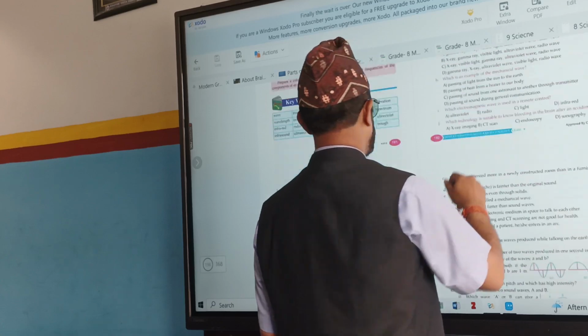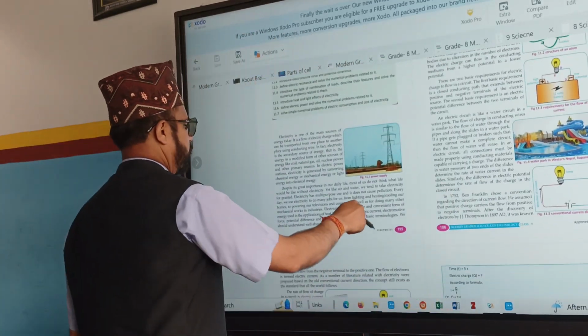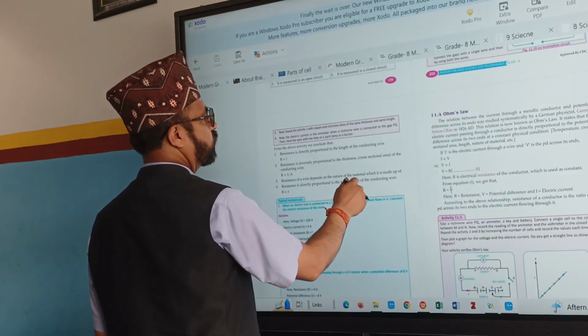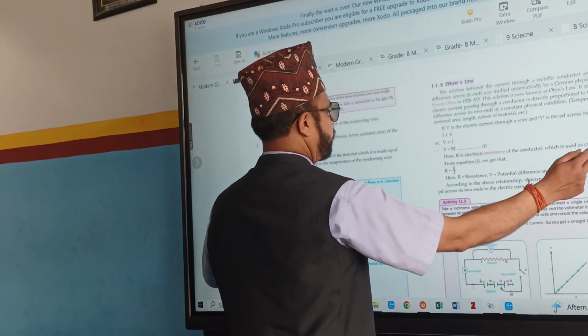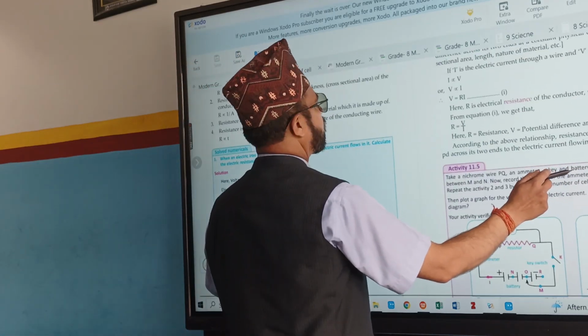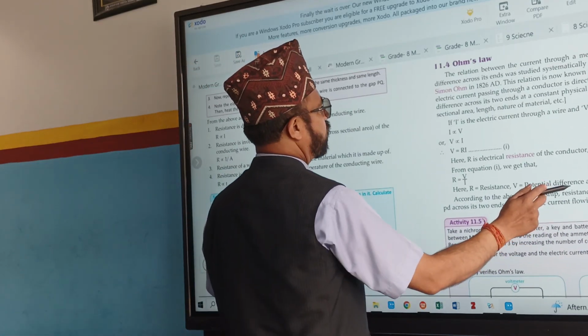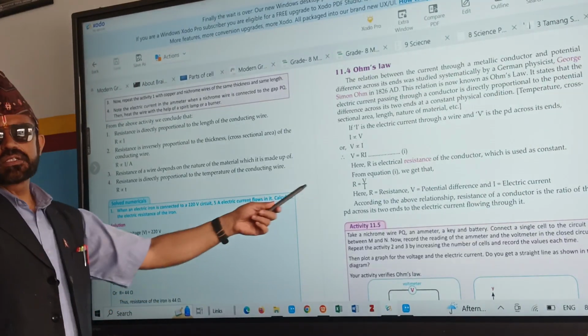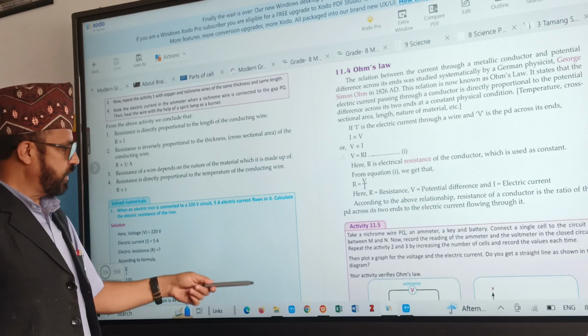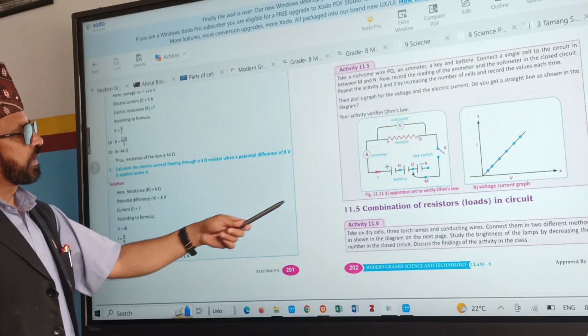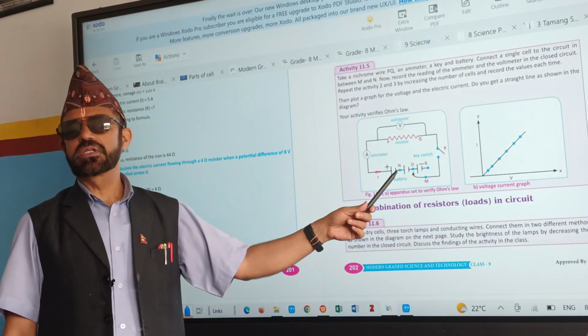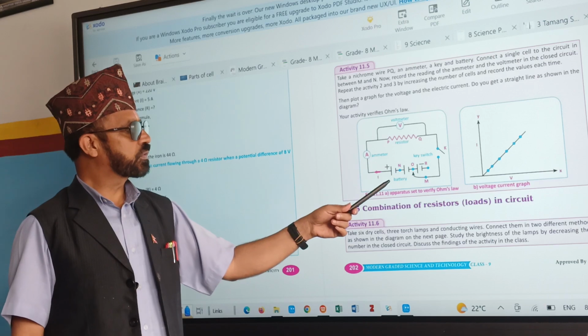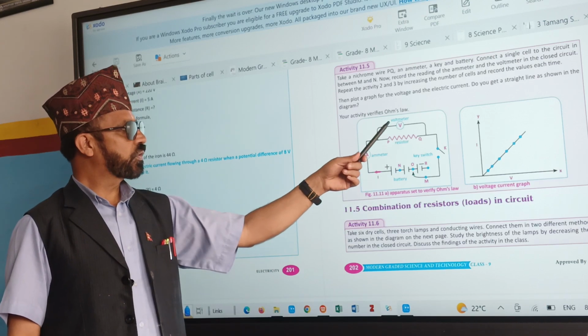So from here, we can see, and then we are going to explain this question. Today, Ohm's law, George Simon Ohm, and what relation he derived, V equals IR. I think there are some circuits. So this is one electric circuit, a resistor.